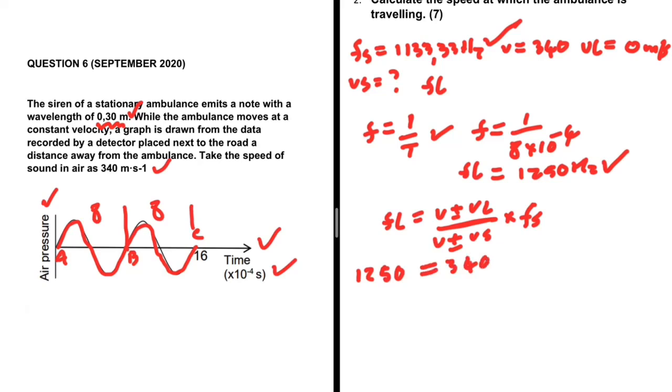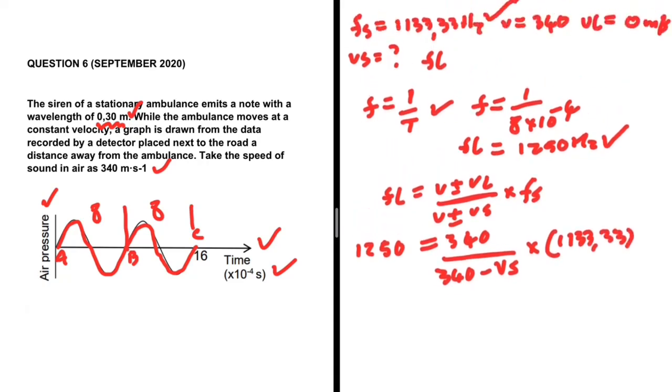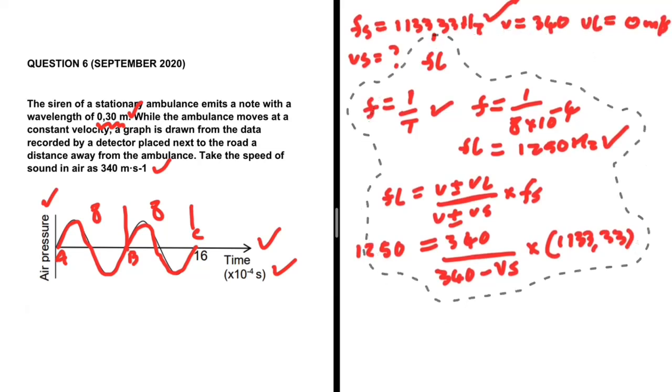Our listener is stationary, plus or minus 0, divided by 340. The sound source is moving towards. When the sound source is moving towards, we have minus, so minus VS, multiplied by FS. FS, frequency emitted, 1133.33. So right, you can see now that we have solved the problem, as far as the physics is concerned.